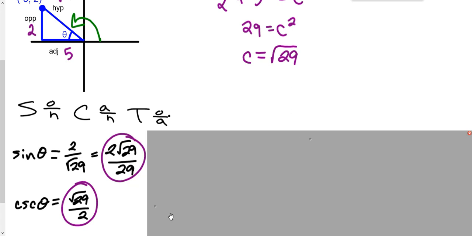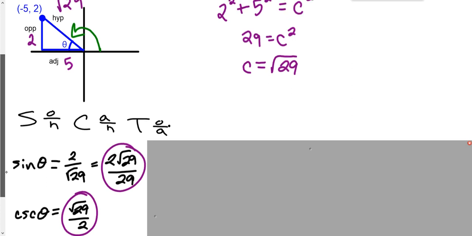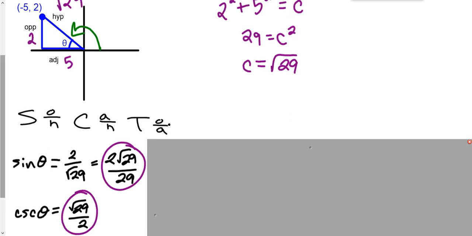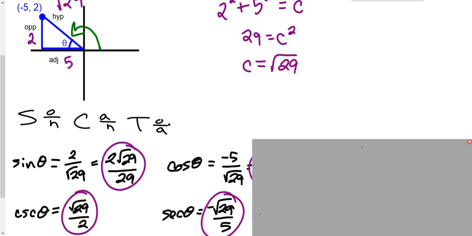And when you multiply rad 29 times rad 29 in the denominator, you get 29. So those would be our final answers. Then we would have cosine, which is adjacent over hypotenuse. The adjacent's 5. The hypotenuse is rad 29. So we would get 5 over rad 29.